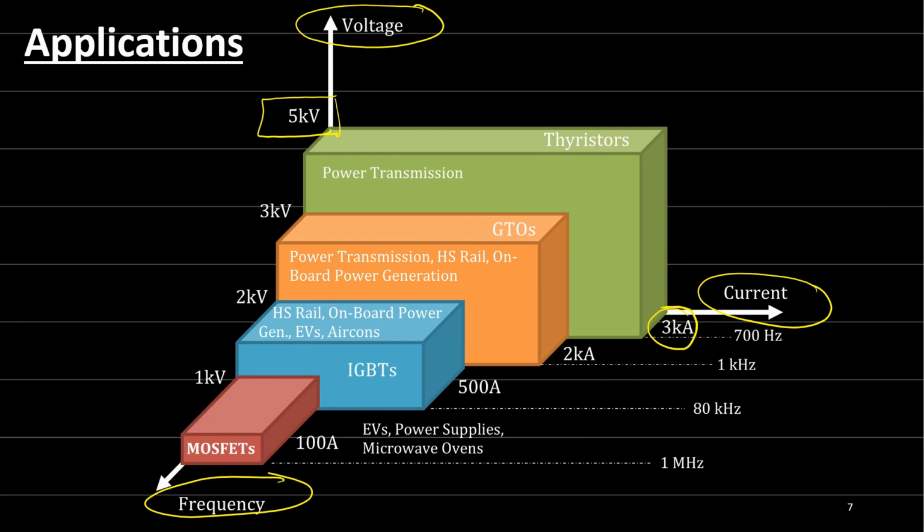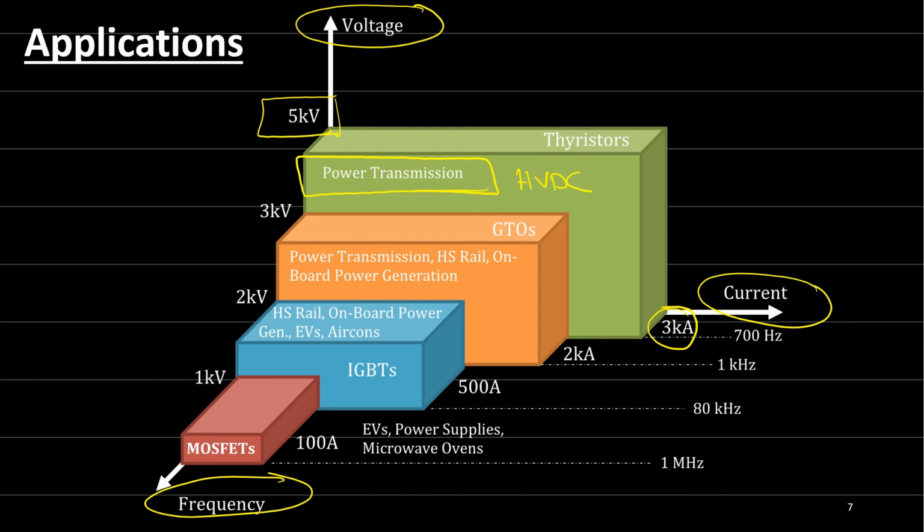But they can operate only at low frequency, like below 700 Hertz only, like the line frequency, 50 Hertz, 60 Hertz. We cannot operate the thyristor at high switching frequencies. And if you talk about these applications, you'll find that thyristor is useful in power transmission systems or high voltage DC systems, right?